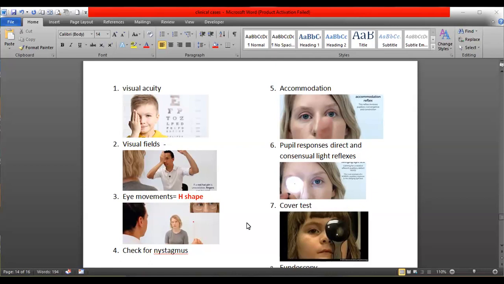So why have I divided this examination into 4 parts? I mean 8 parts total. Because in every part of this examination, there are chances of some finding. Suppose the child has a refractive error, most commonly, then it is possible that the visual acuity will have some finding. Now visual field.